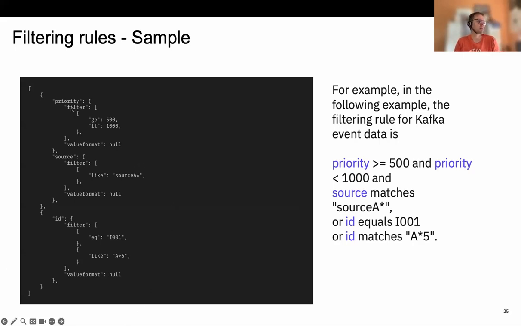So you can define a priority filter greater or equal than 500, less than 1000. The source should be source A asterisk. The ID either I001 or A asterisk 5. So you can build basically any filter that you like in this way.